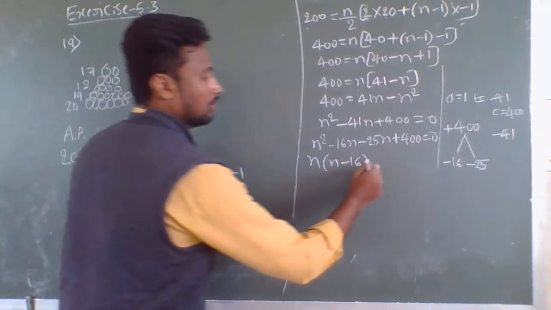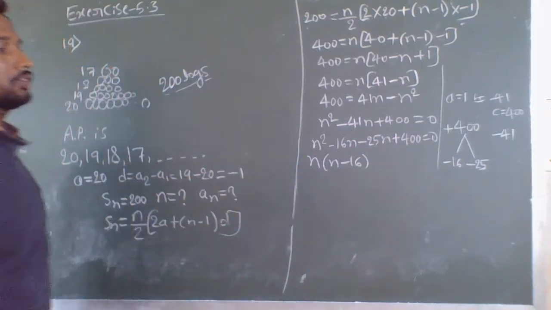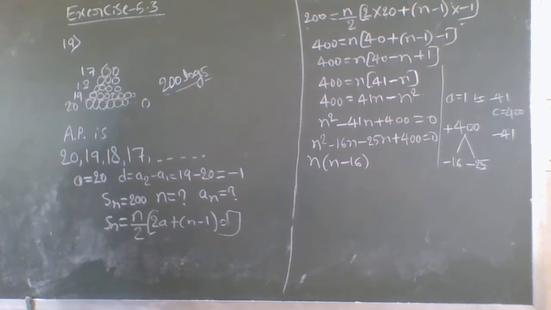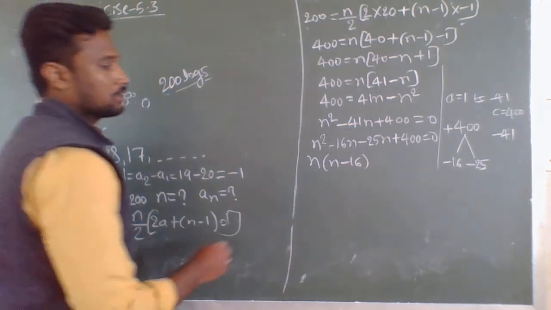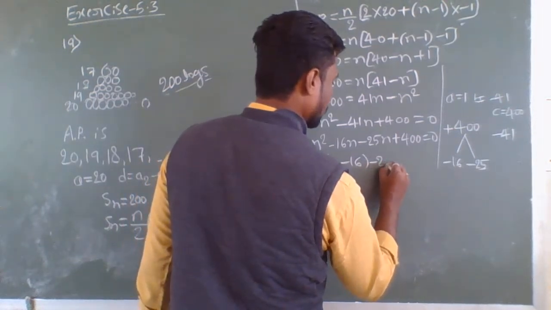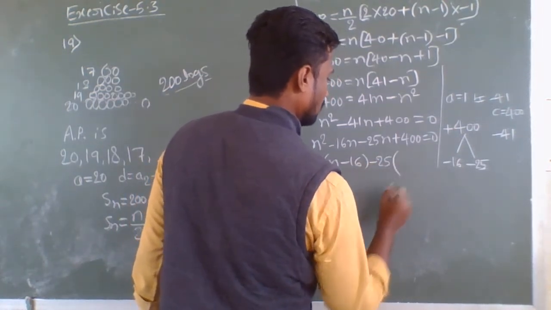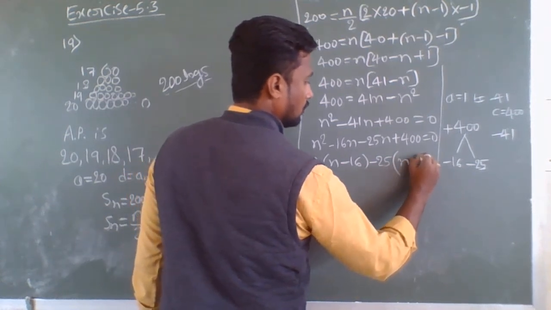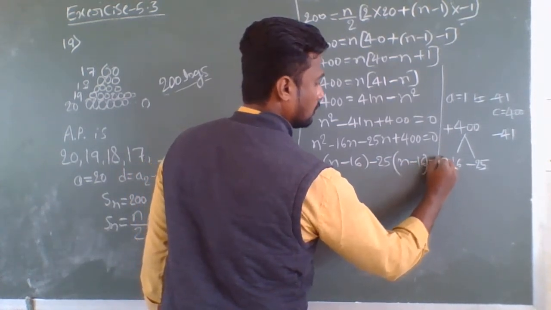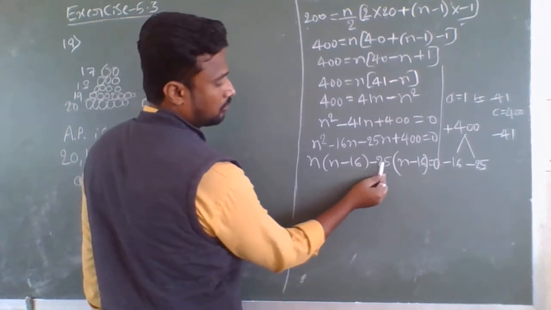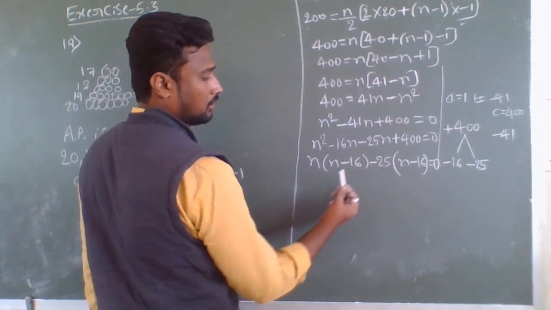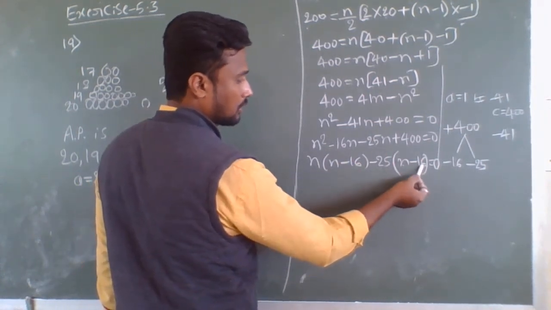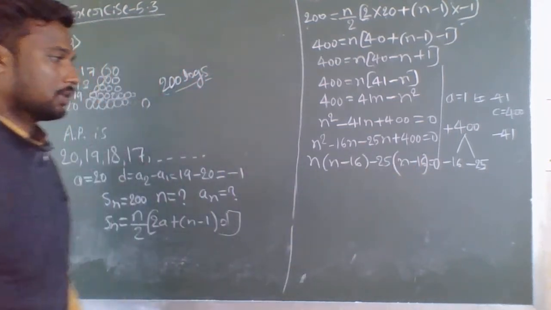So now in the next terms, minus 25n plus 400, what is the common factor? Minus 25. So minus 25 into n minus 16 is equal to 0. How? Minus 25 into n is minus 25n, minus 25 into minus 16 means plus 400.